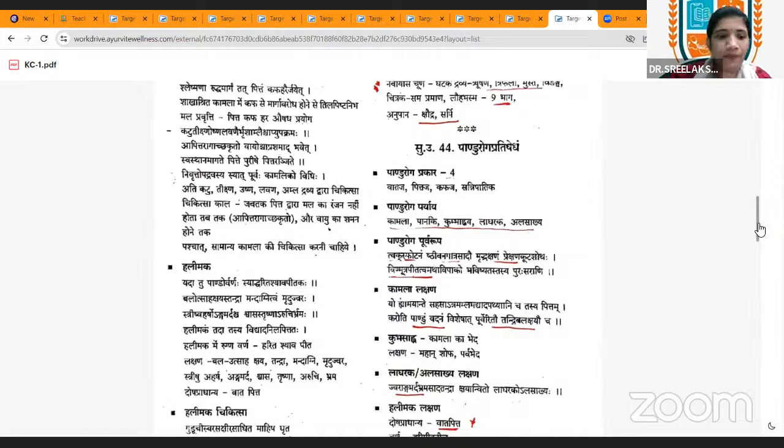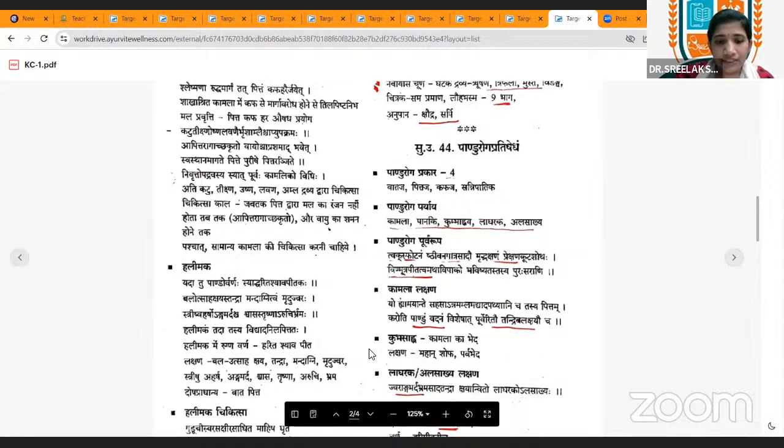Understood? And what is the Lakshana in Halimaka? Bala Utsaha Kshaya, Tandra, Manda Agni, and Mridu Jvara, Strishu Aharsham. So please underline that, that is Strishu Aharsham, and Bala Utsaha Kshaya and Tandra are mainly happening in Halimaka.